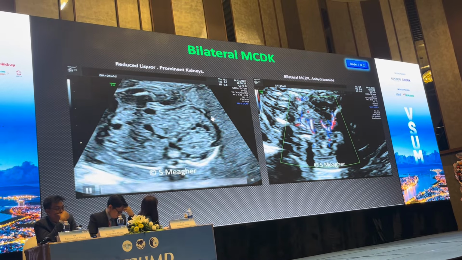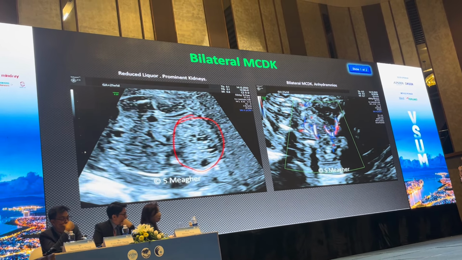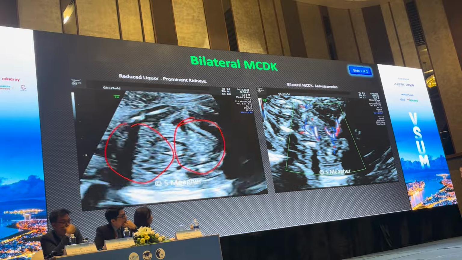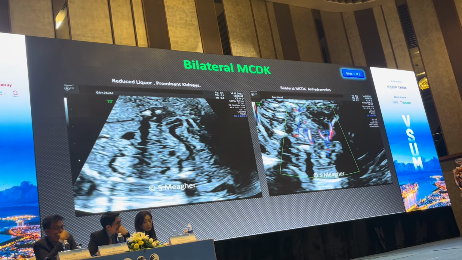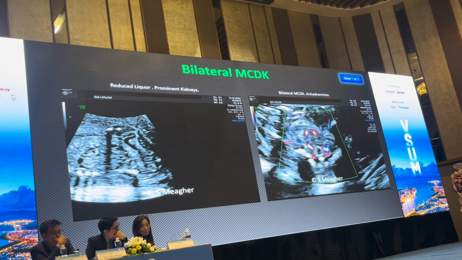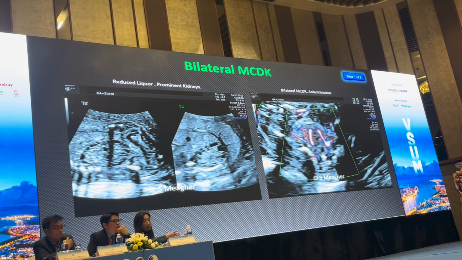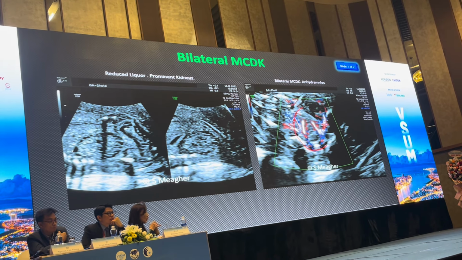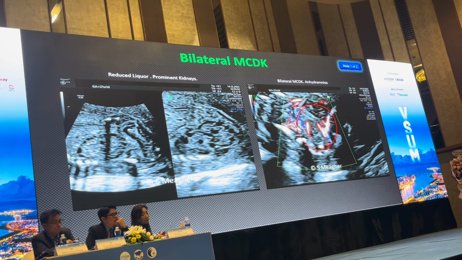It is very different when you see this picture, where both kidneys are involved, and you've got bilateral multicystic dysplastic kidney disease, and this carries a terrible prognosis. To make sure that it is multicystic dysplastic kidney, and that you're not looking at an adrenal tumor on one side, you then move to the bladder and show the umbilical arteries bifurcating either side.